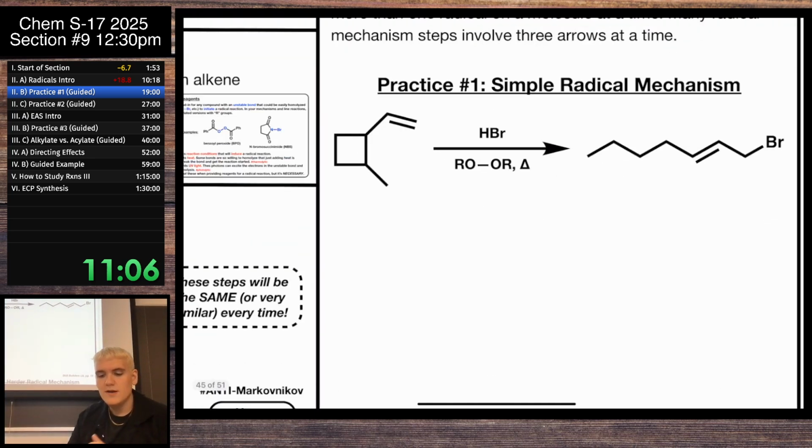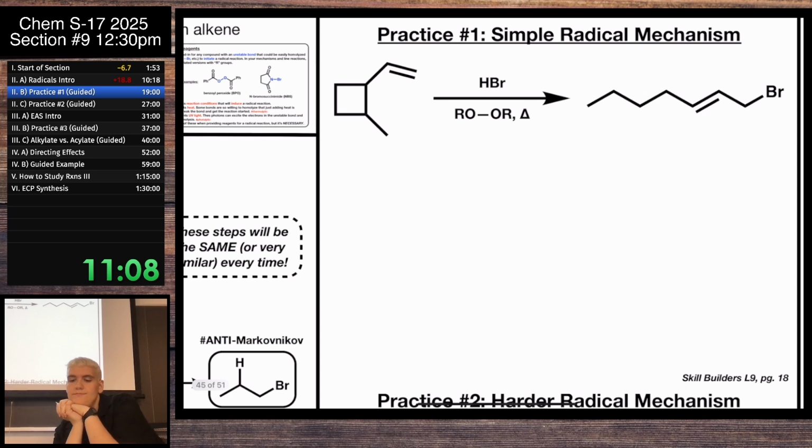So let's try the process out with this. Okay. Opened up. I'm just going to start numbering. 1, 2, 3, 4, 5, 6, 7. Okay, and now trying to anchor this onto the starting materials.